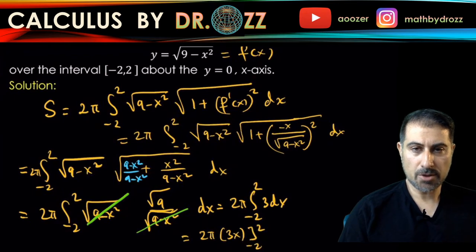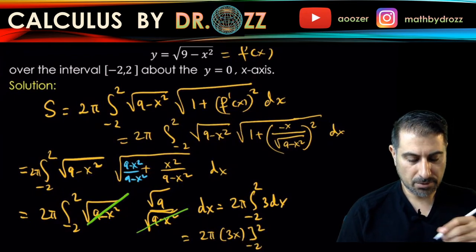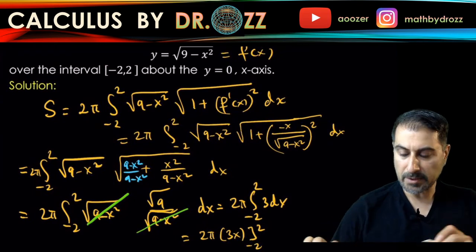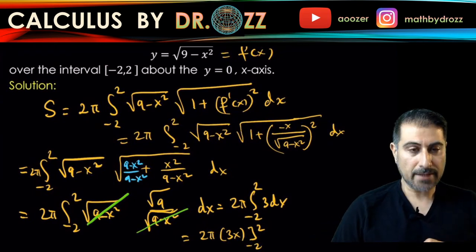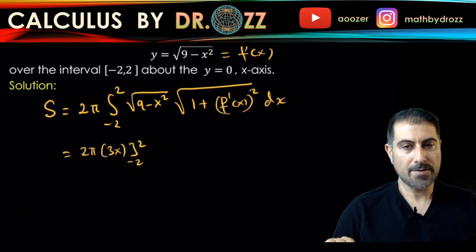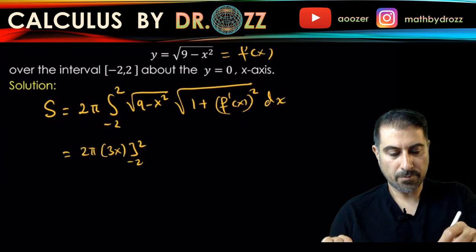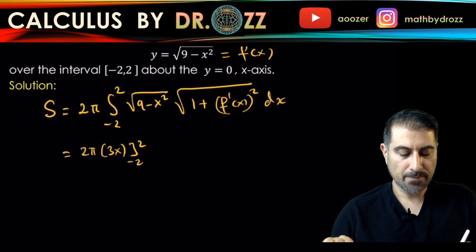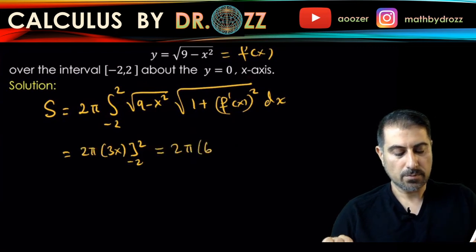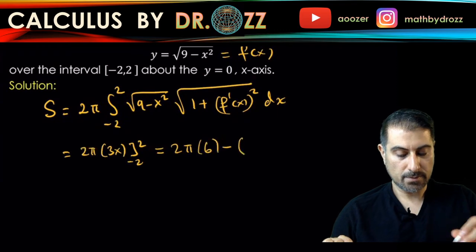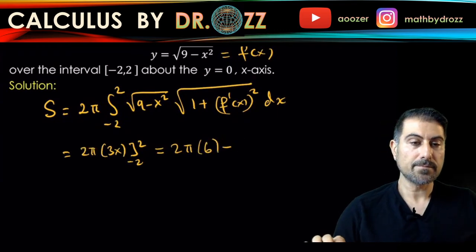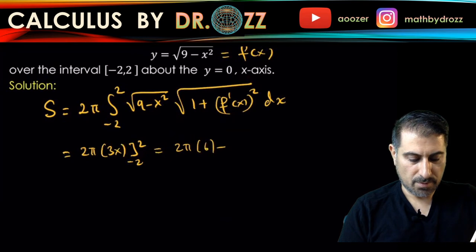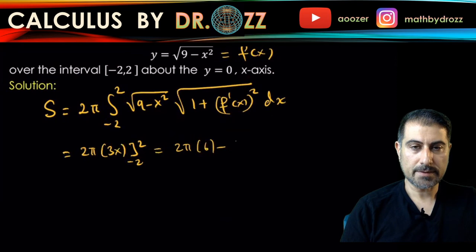All right, so let me just write down the final calculation right in the middle somewhere. I'm going to erase a little portion of that right now. All right, so let's use the fundamental theorem of calculus. So this is 2 pi times 3 times 2, which is 6, minus 2 pi times 3 times -2, which is negative 6, okay?